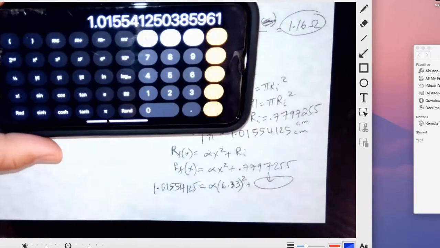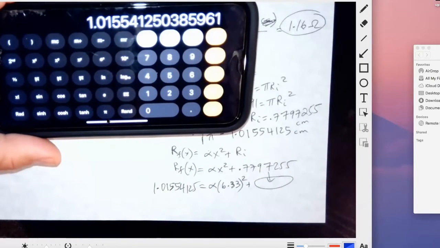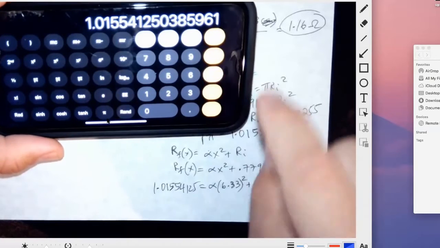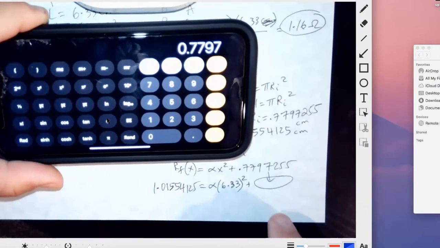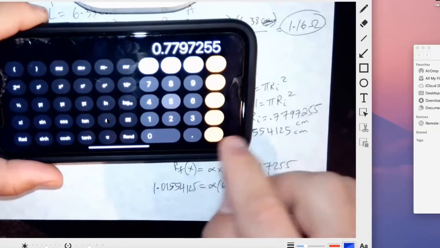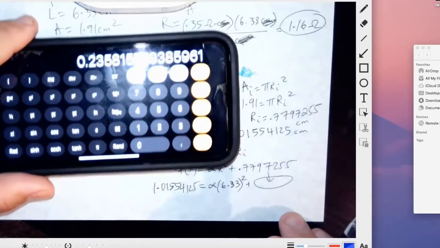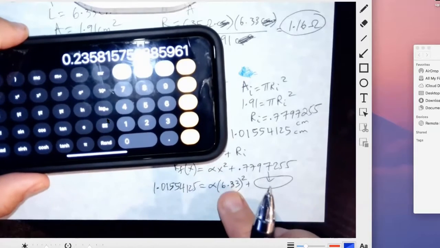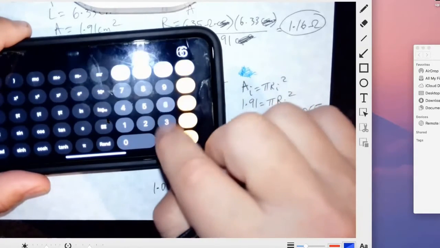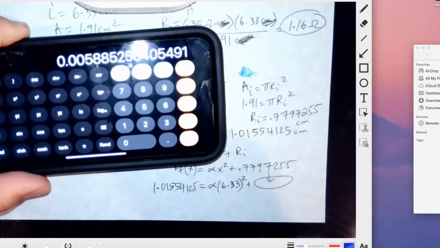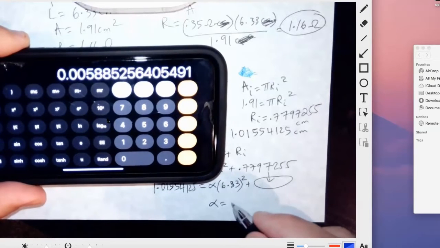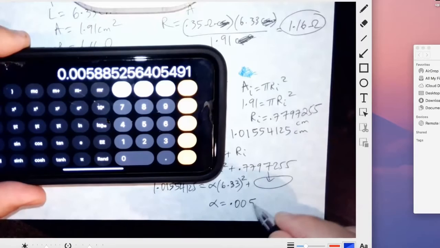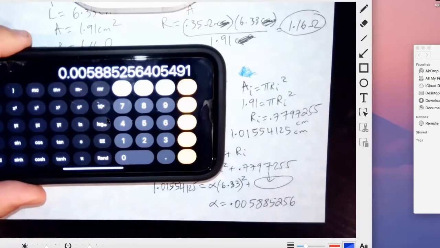Okay, so then I'm going to take this number, minus 0.7797255, and then divided by 6.33 squared. Alpha is going to be 0.005885256.